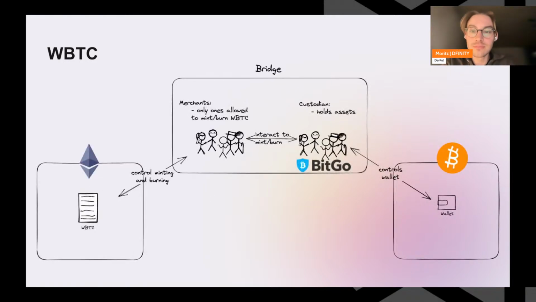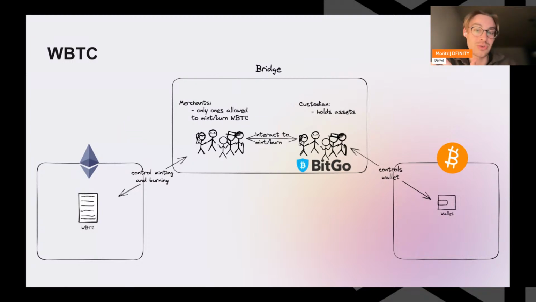And a couple of trust assumptions are in place here. You have to trust the custodian, in that case BitGo, not to run away with your funds, not to get hacked, and also to always honor this one-to-one backing of RepBTC with Bitcoin. So maybe you send in 10 Bitcoin, they give you 10 RepBTC, but they, I don't know, spend the remaining 5 Bitcoin that you gave to them, right?